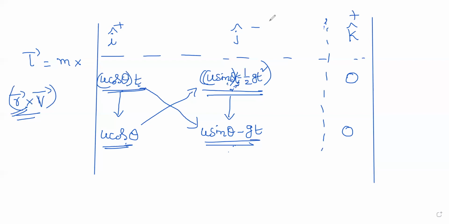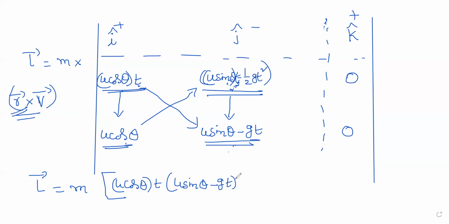So L bar is equal to m into this into this, that is u cos theta t into u sine theta minus gt. This is the first part.